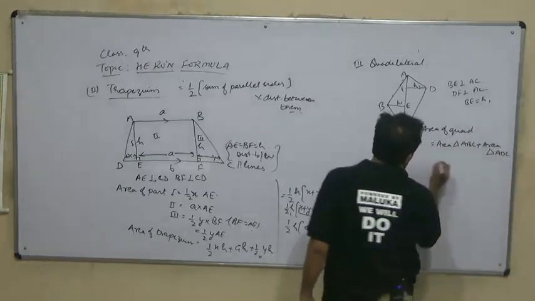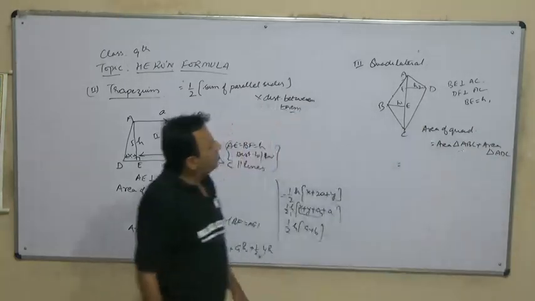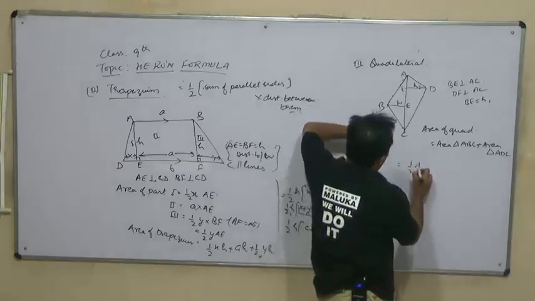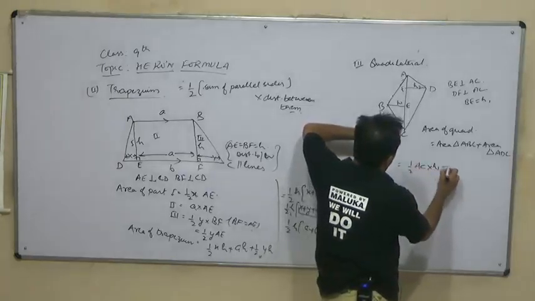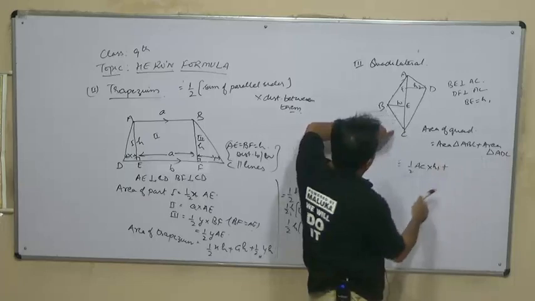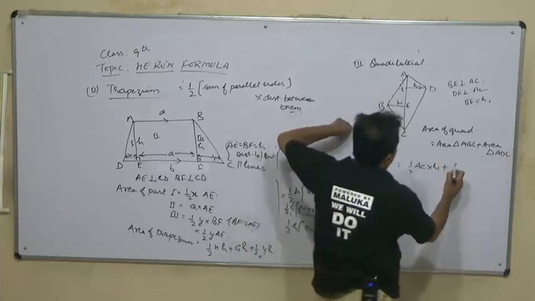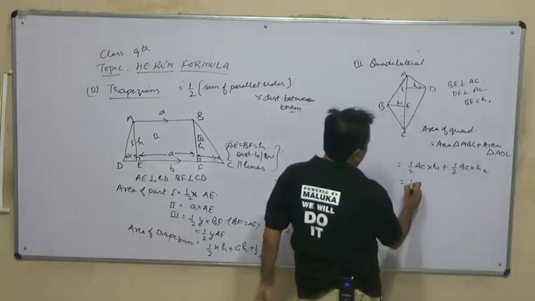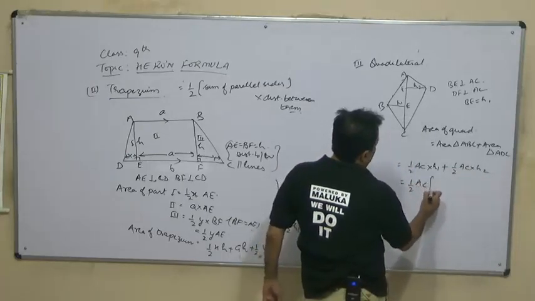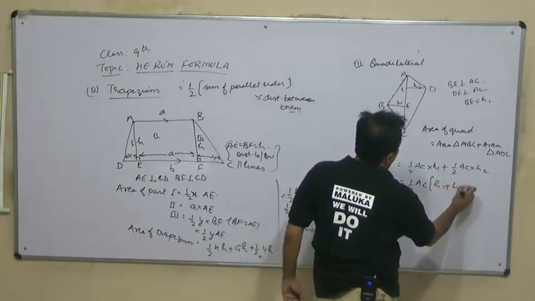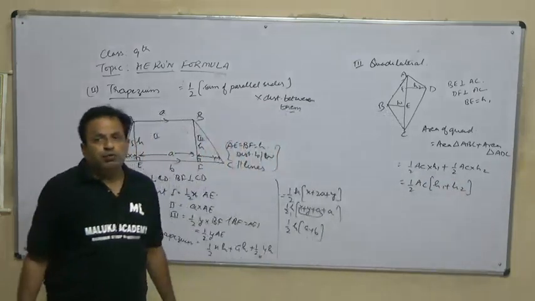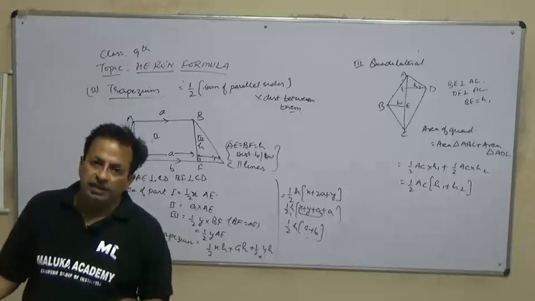The area of triangle ABC, as we have seen, will be half AC into H1, and for ADC it will be half AC into H2. Take half AC as common, and we are left with H1 plus H2. So this will be your formula to find the area of the quadrilateral.